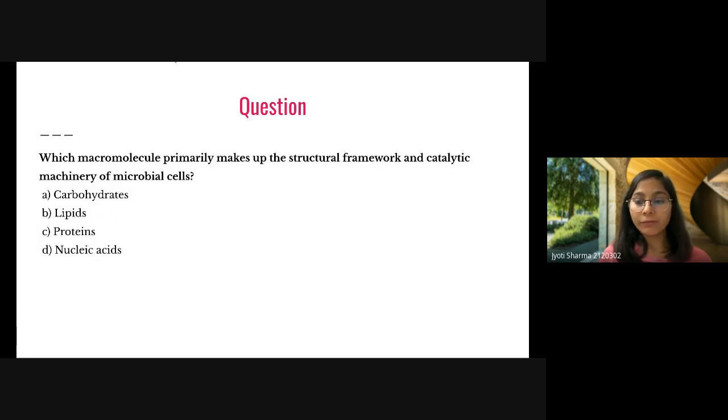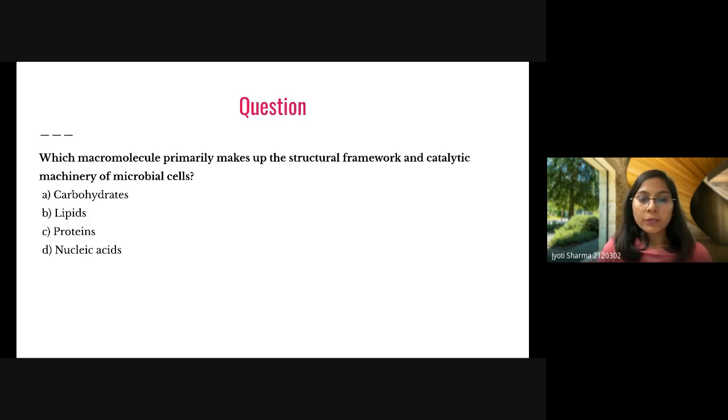Okay, now again we are coming back to cell biology, and we are talking about different macromolecules, micromolecules, and how these make up the whole cell, right? Then the question is, which macromolecule primarily makes up the structural framework and catalytic machinery of the microbial cell? We have four options: carbohydrate, lipid, protein, nucleic acid.